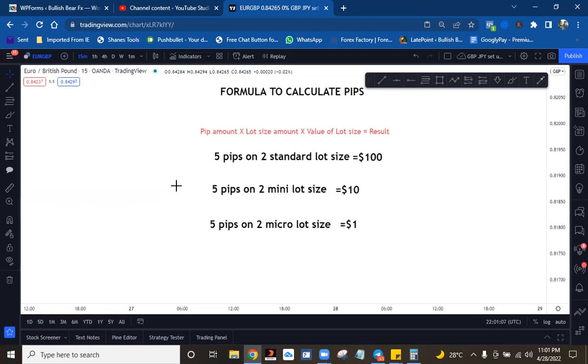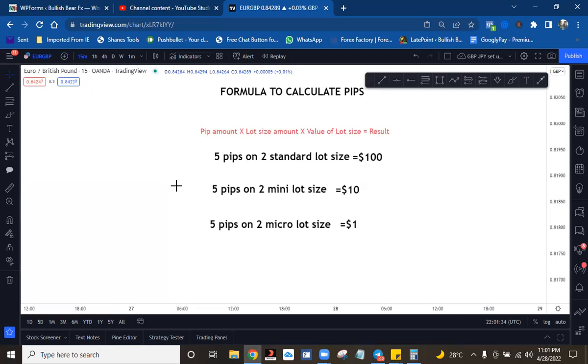If you're trying to merge it with the volatility indexes, those are calculated in points, but the point is still the same thing as a pip. There's a slightly different way of calculating for the volatility indexes, but for your currency pair, which you're currently learning, this is the simplest way to calculate and know how much you're risking per pip.